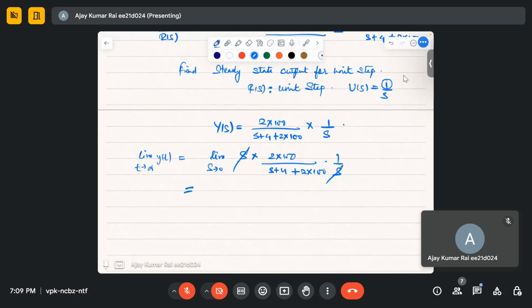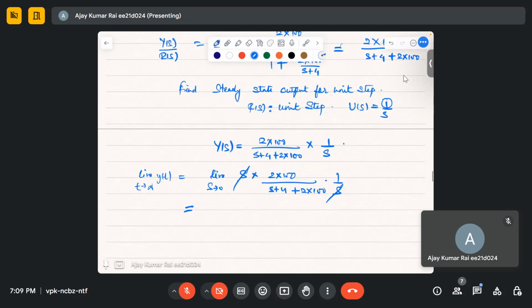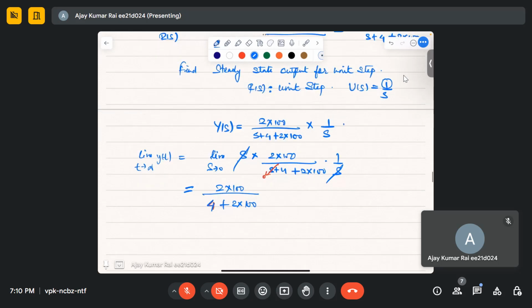Okay, if you put a limit, so what you will get? So put the limit 2 into 100. Okay, so only this term will be equal to 0. So you'll be left with 4 plus 2 into 100, right? Okay, so if you exactly calculate, this is 200 and this is 204.